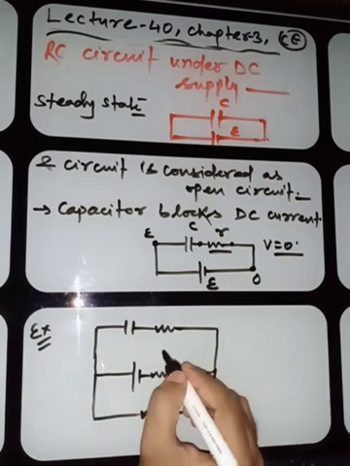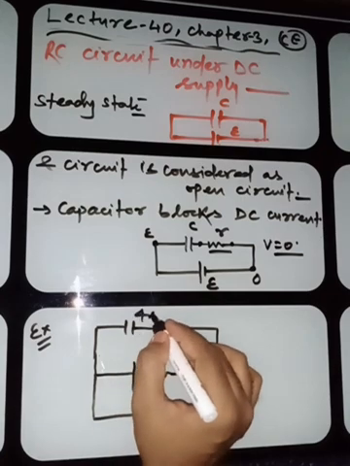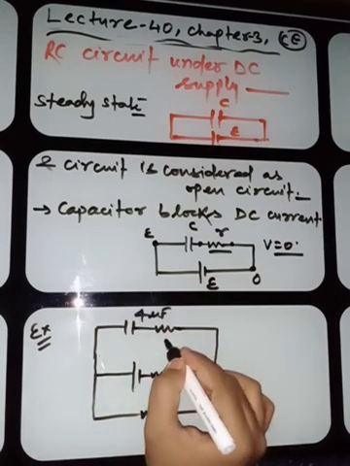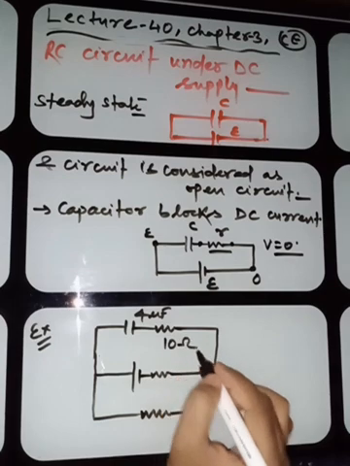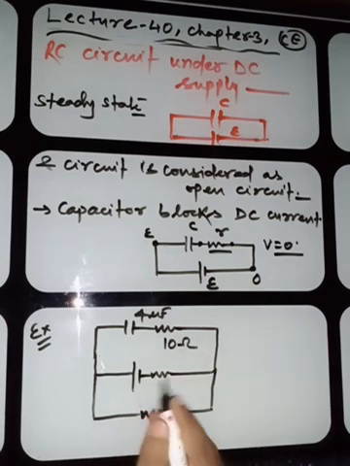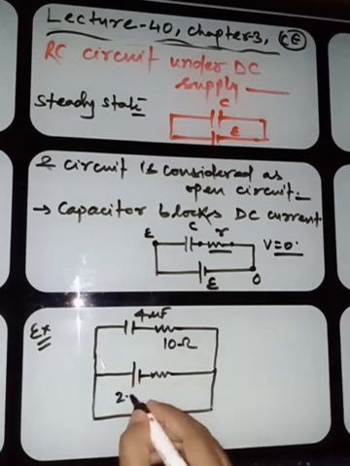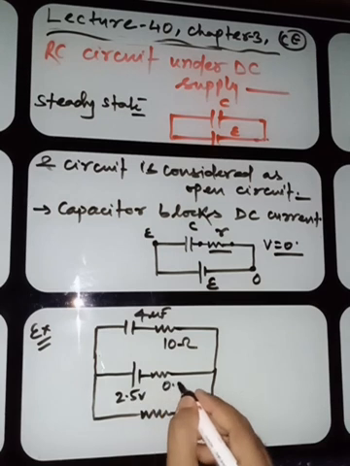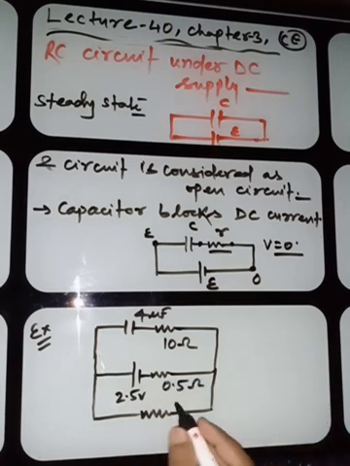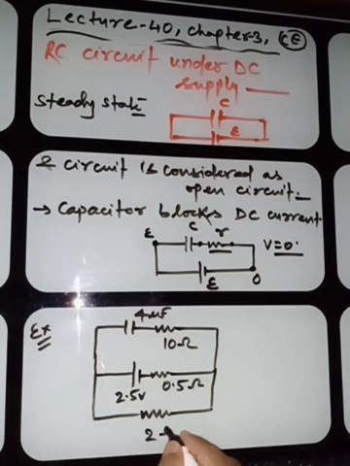The values I'm giving here: the capacitor is 4 microfarad, the resistor is 10 ohm, the battery is 2.5 volt with 0.5 ohm internal resistance, and here it is 2 ohm.